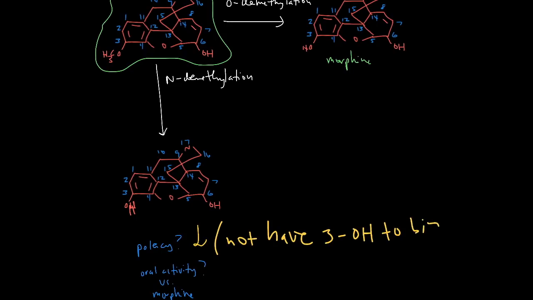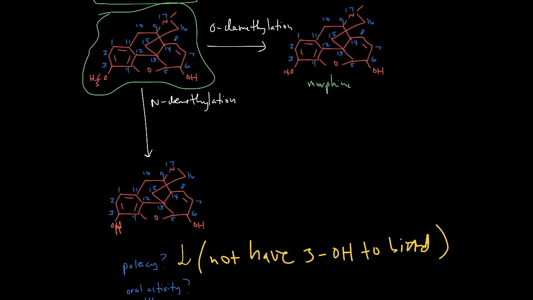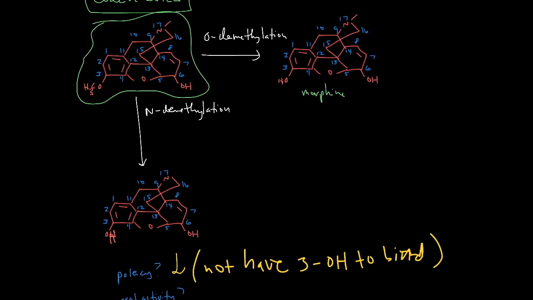Is codeine more orally active or less orally active than morphine, and why? It's actually more active orally because it has only 2 metabolism routes rather than 3, or actually 4, like morphine.